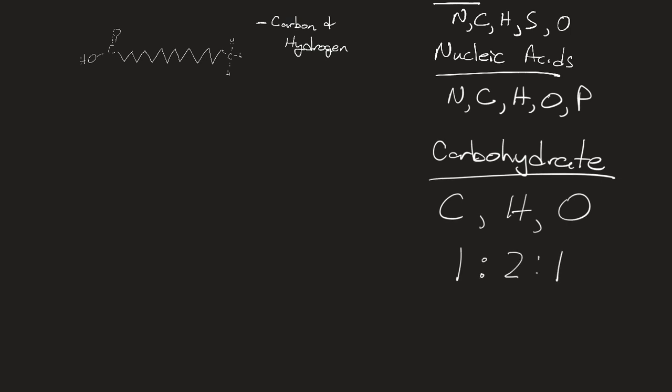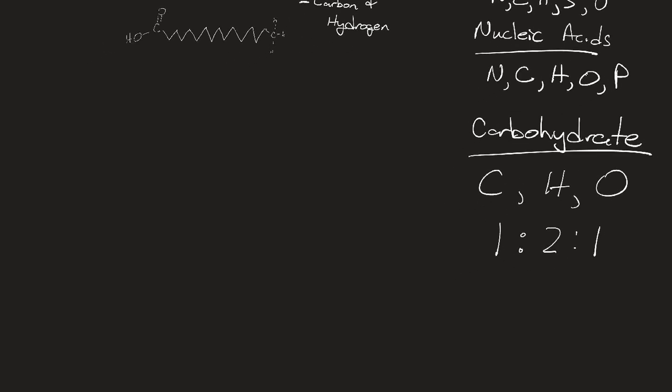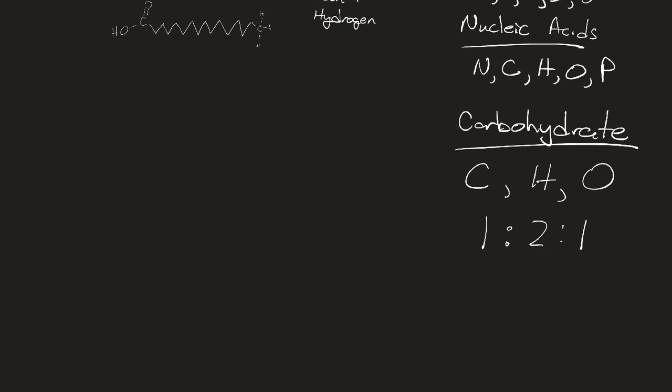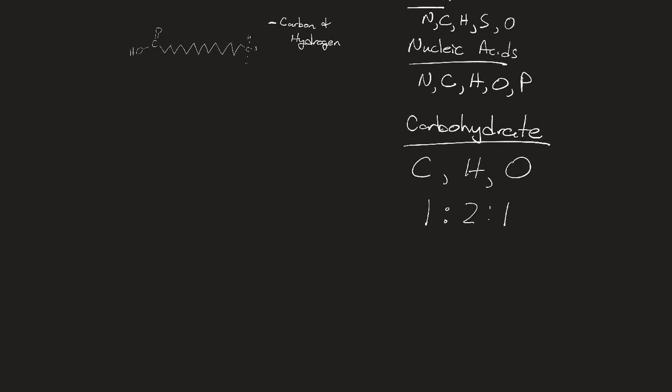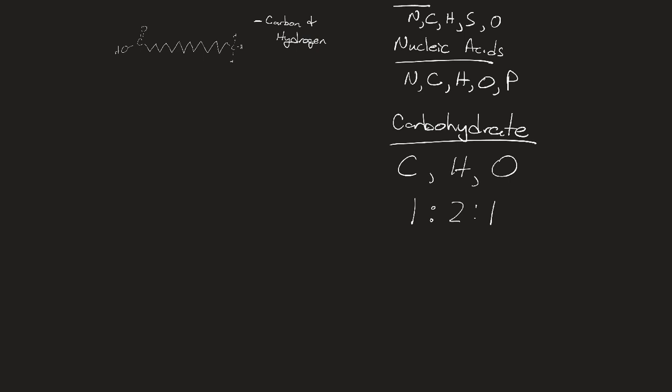So it's not a carbohydrate because this is mostly carbon and hydrogen. Look at it. You have 1, 2, 3, 4, 5, 6, 7, 8, 9, and you only have 2 oxygens. So you have something like 12 or 13 carbons and 2 oxygens, and then 26, 30 hydrogens. So it's mostly carbon and hydrogen, not a 2 to 1 ratio.